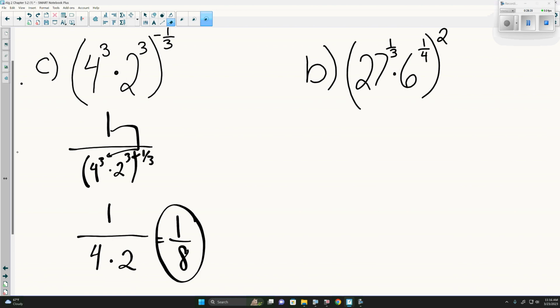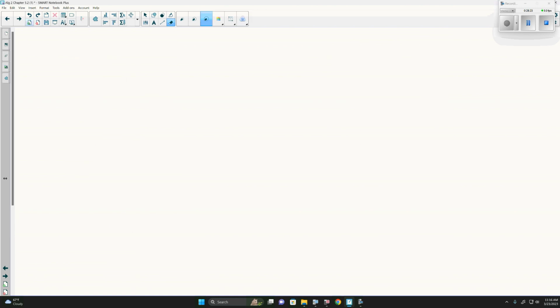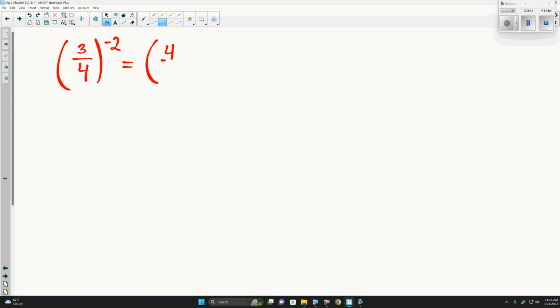Now, one of the interesting things, this isn't listed here, with negative exponents, I'll show you this here, because if we had 3 over 4 to the negative second power, we could apply that negative second power to the top and bottom and then simplify, but this is the same as 4/3 squared. If we have a quotient to a negative power, we can flip the quotient and apply that power to it.